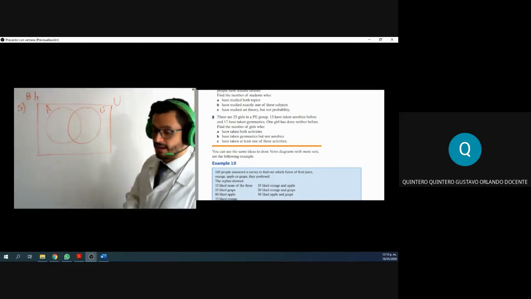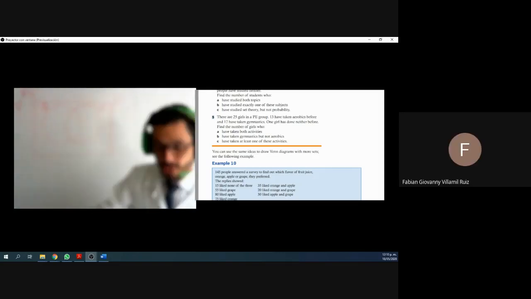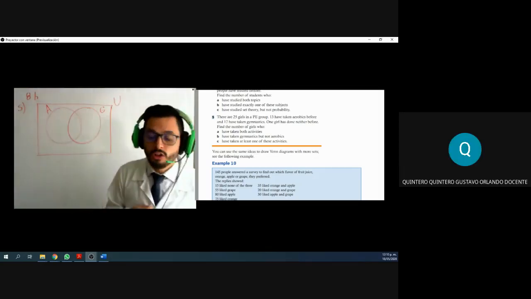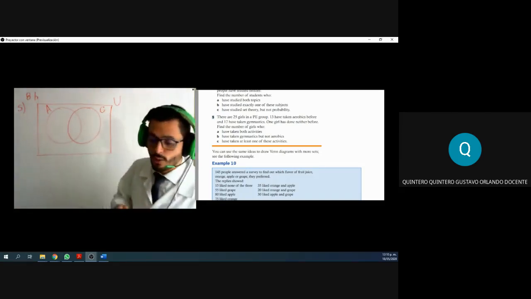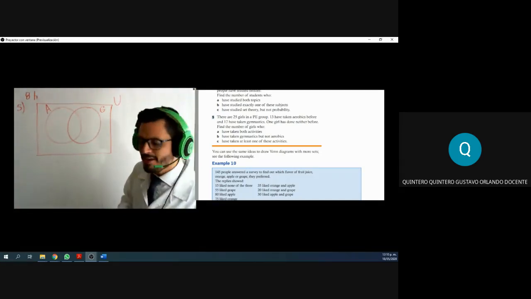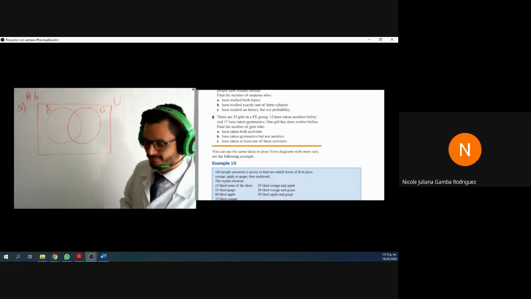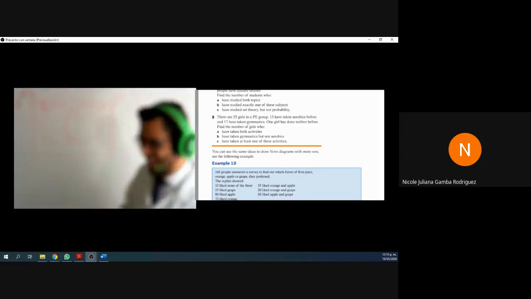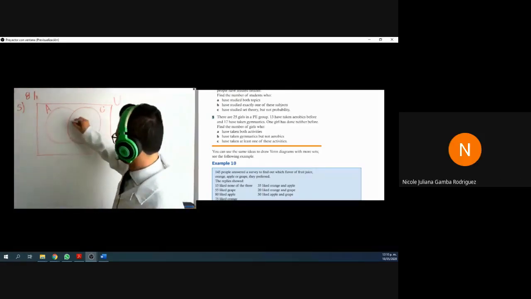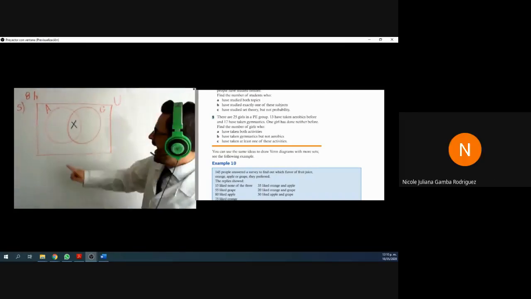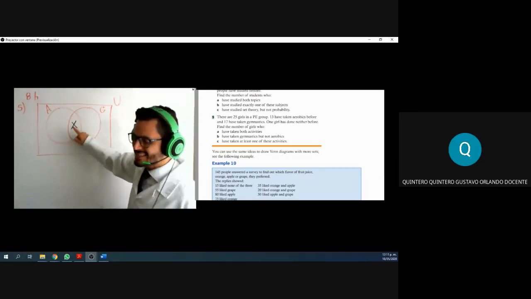But what we do have is something in mathematics we all know and love, something so powerful that we always call it the same way: a variable, x. Because we have no idea how many people are inside the intersection.